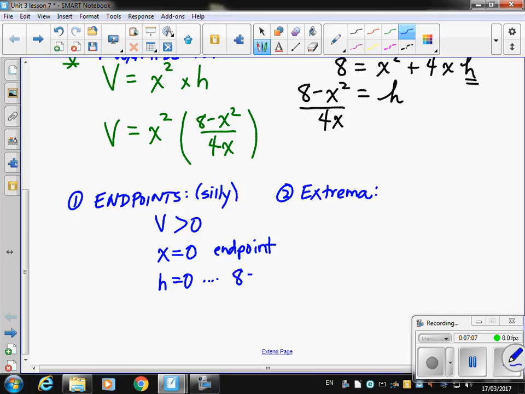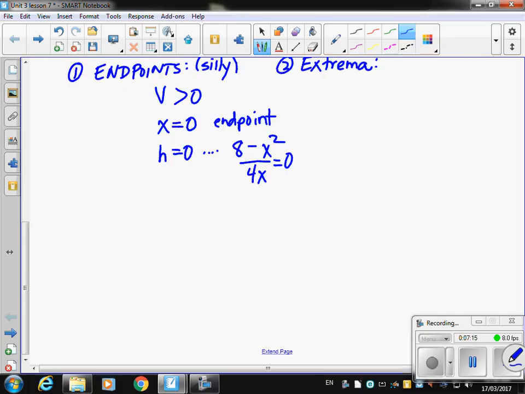So (8 subtract x squared) over 4x equals 0 will give us the other endpoint, which is when 8 subtract x squared is 0, or when the value of x is the square root of 8.